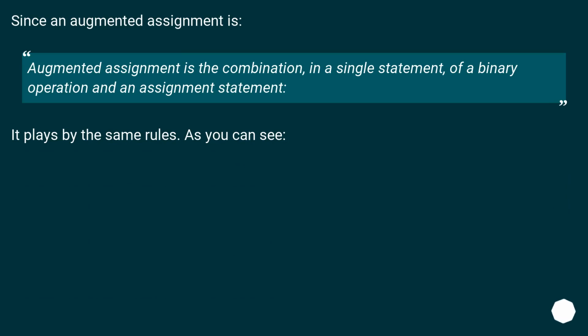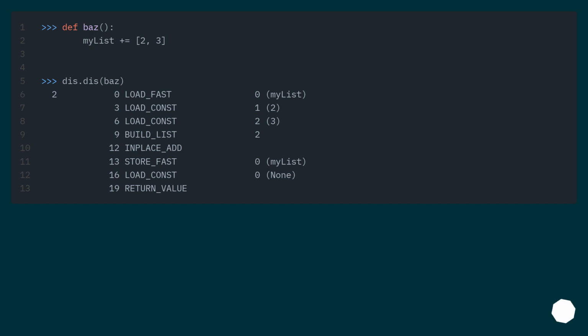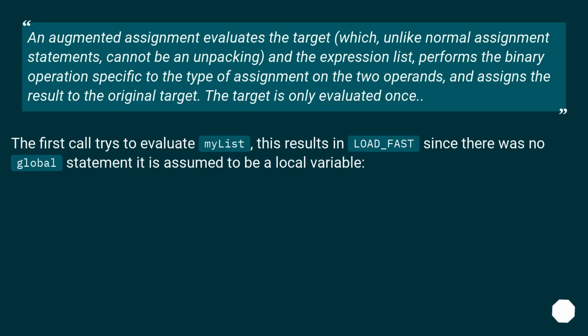As you can see, an augmented assignment evaluates the target, which, unlike normal assignment statements, cannot be an unpacking, and the expression list, performs the binary operation specific to the type of assignment on the two operands, and assigns the result to the original target. The target is only evaluated once.